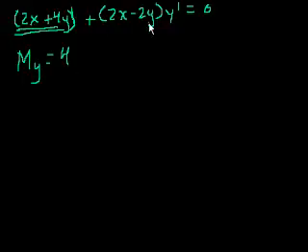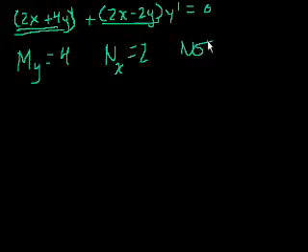What's the partial of this with respect to x? Just this part right here. The partial of n with respect to x is 2. This is 0. So the partial of m with respect to y is different than the partial of n with respect to x. So this is not exact. Not exact.